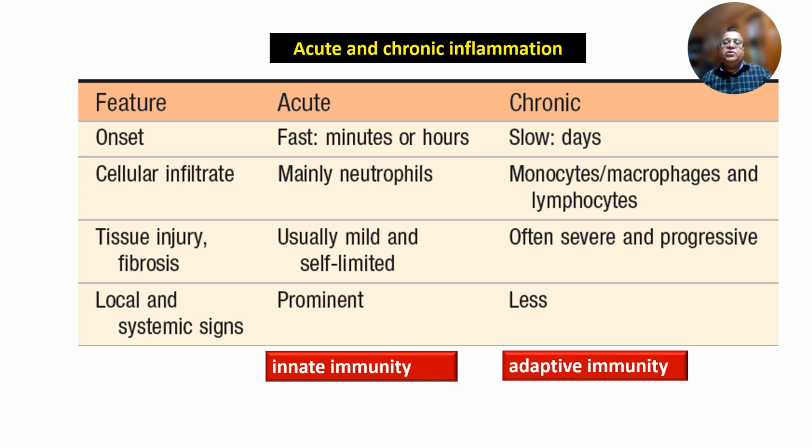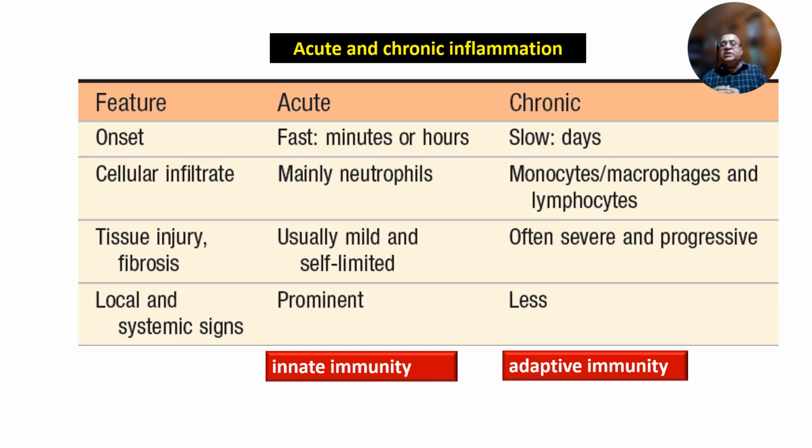The onset of acute inflammation is fast. It occurs within minutes to hours, while chronic goes on for days, weeks, and months. The cellular infiltrate in acute inflammation is mainly neutrophils, polymorphonuclear leukocytes, while chronic inflammation is associated with monocytes, macrophages, and lymphocytes.